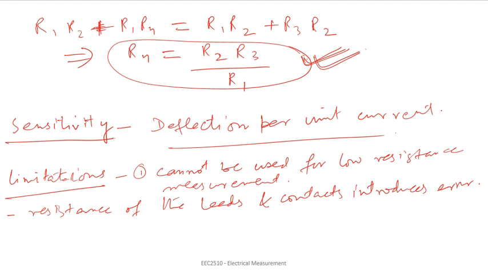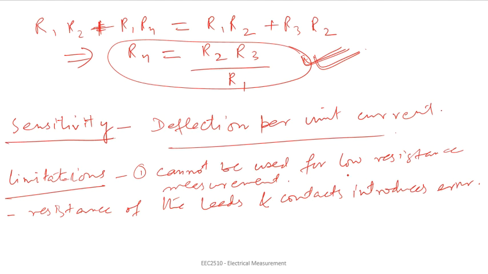One more problem this Wheatstone bridge has is the change in the resistance of the bridge arms due to the heating effect of the current through the resistance. Obviously, when the temperature rises, it can change the resistance. The rise in temperature causes a change in the value of the resistances present in the arms, so excessive current may cause a permanent change in value. So these are certain limitations.